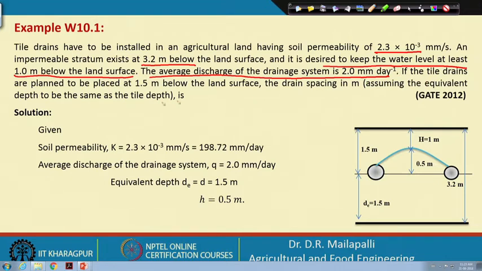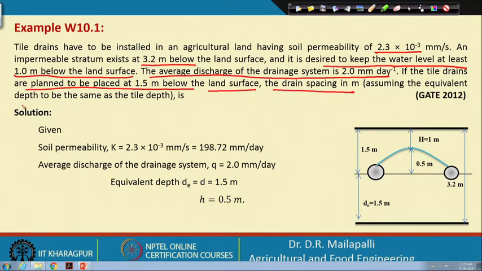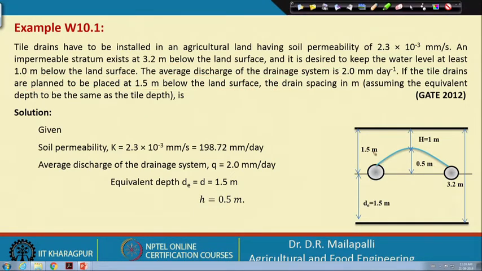Okay, so if the tile drains are planned to be placed at 1.5 meter below the land surface, assuming the equivalent depth to be same as the tile depth, what would be the drain spacing? So, that is the problem here. From the given data, K is given, 2.3 × 10^-3 mm per second, that is the K for this stratum, and the impermeable layer is 3.2 meter from the surface here, and these are the two tile drains.